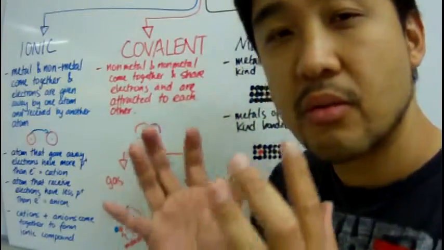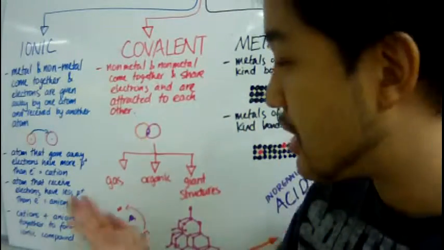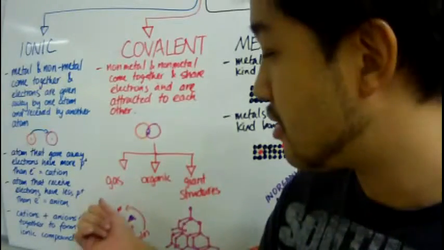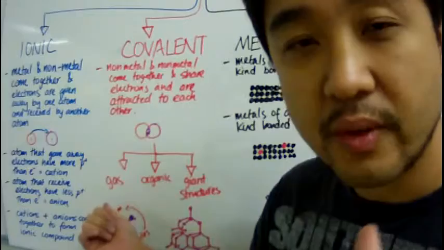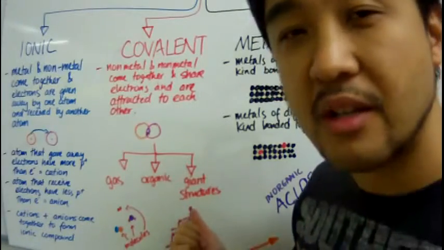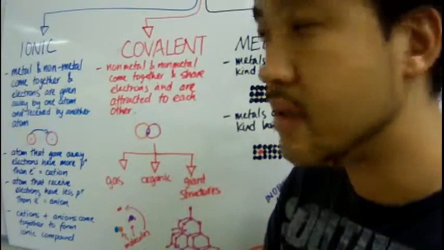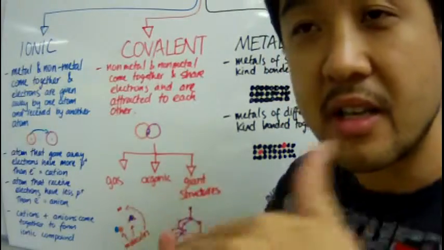So, what's the difference between these three? Well, in this unit we're going to talk about gaseous covalent compounds, and we're going to talk about giant structures a little later in the course, a little later in this chapter.